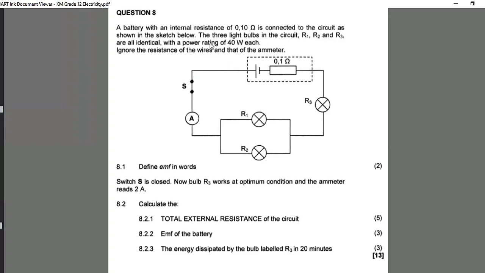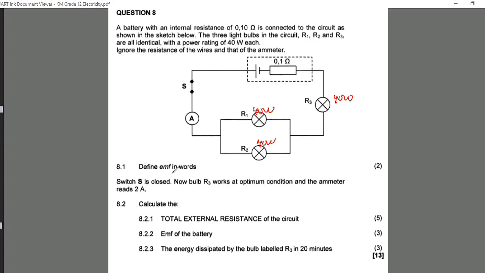So these 3 resistors are all identical and they have a reading of 40 watts each. Right.